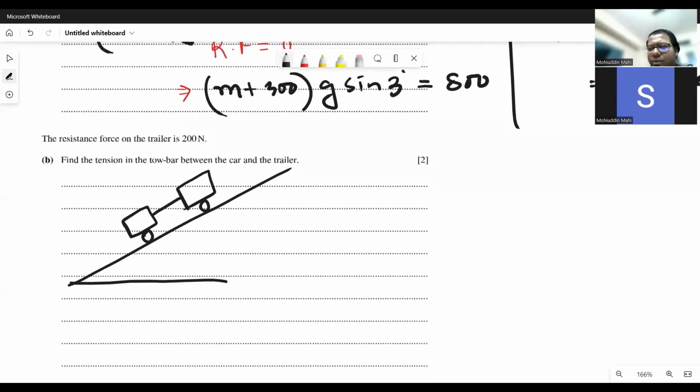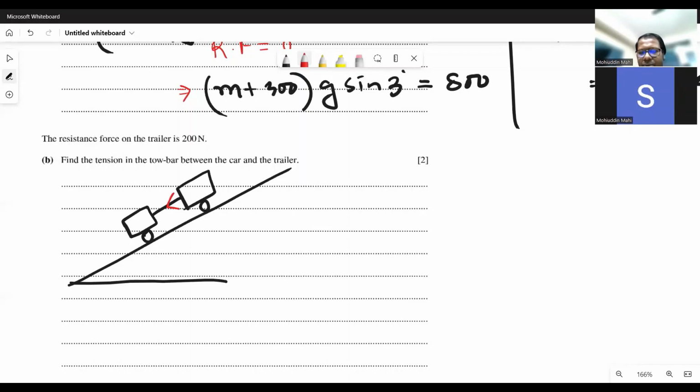At first you need to understand the direction of the tension that is acting on the car and the trailer. So think about it. The car is pulling the trailer. That means the car is creating a tension on the trailer in the downward direction.